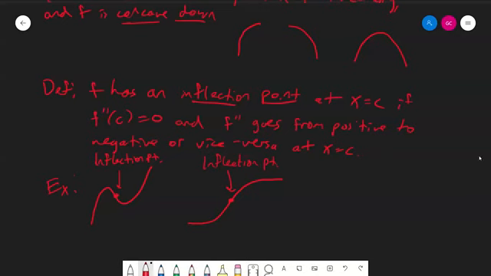Okay, and then just like what we did with the first derivative, if you have a function and you want to find where it's concave up and concave down, and then find its inflection points, well, you just take the second derivative and find where it's positive and negative. So maybe let me do that for the same function that we looked at in the last lecture.